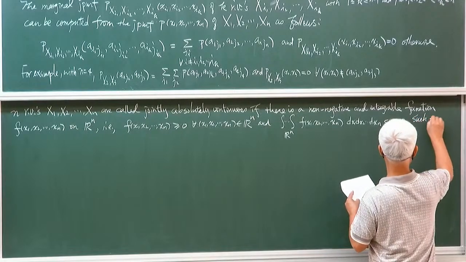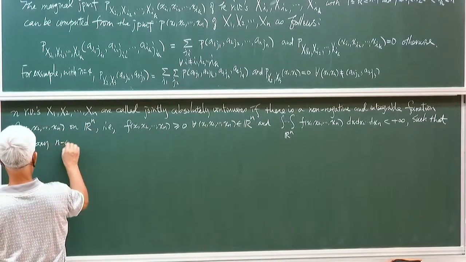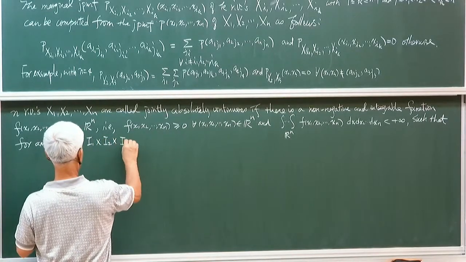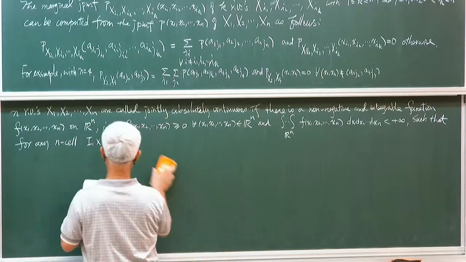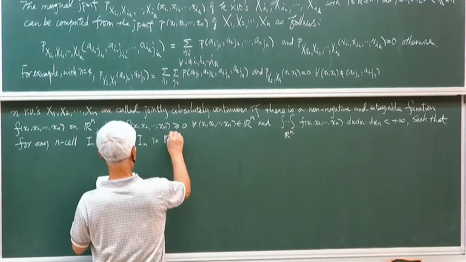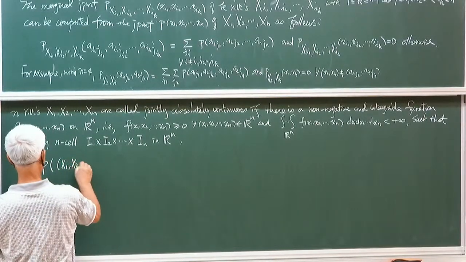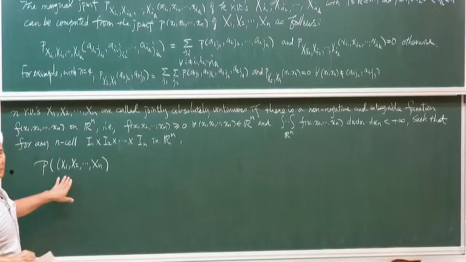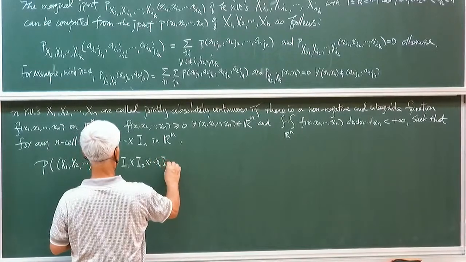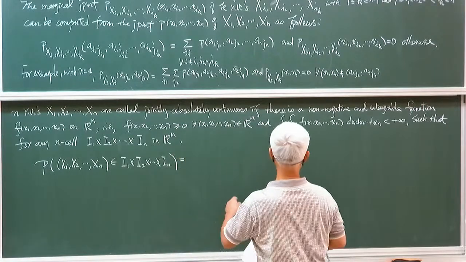Such that for any n-cell I1 cross product I2 times up to In in R^n, the probability that this random vector has value in the given n-cell can be computed from this function.